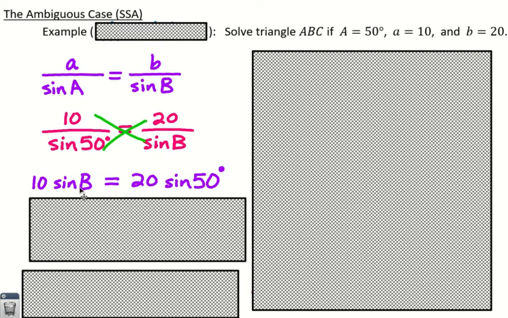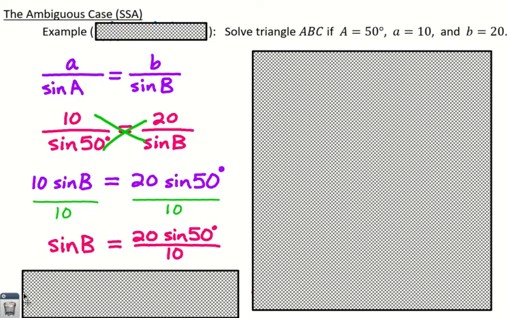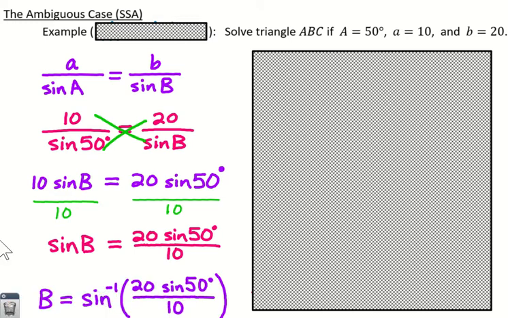And we can only really get the sine of b by itself by dividing both sides by 10. And so now we get to here. We get sine of b by itself, and then we do the inverse sine in order to figure out angle b. And we're going to be ready to not just have a potential quadrant 1 angle, but also a potential quadrant 2 angle.